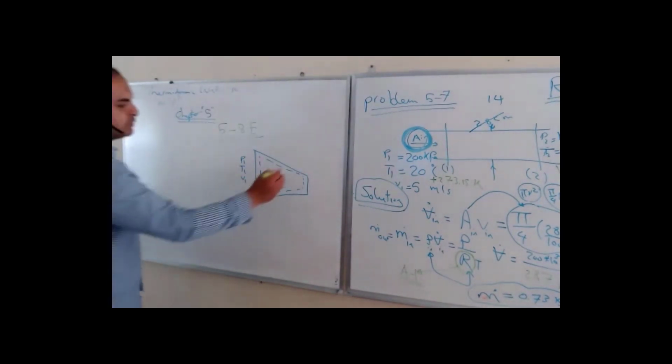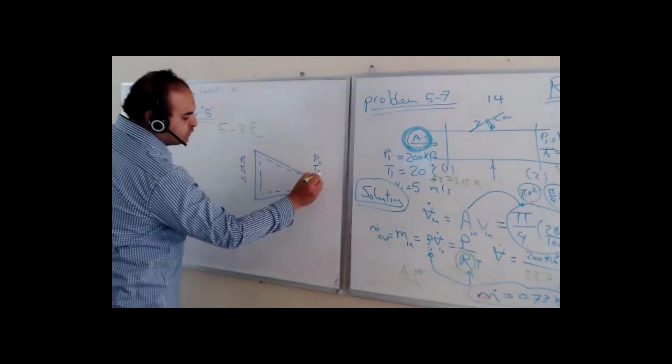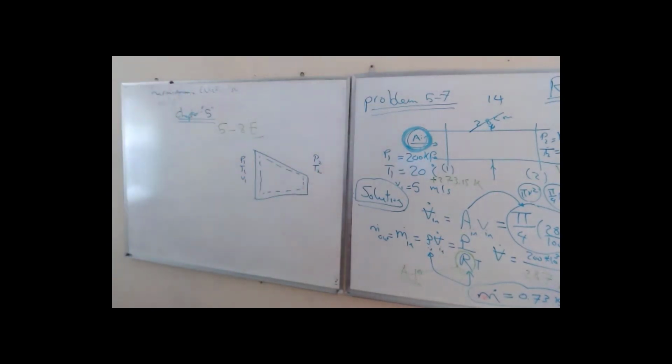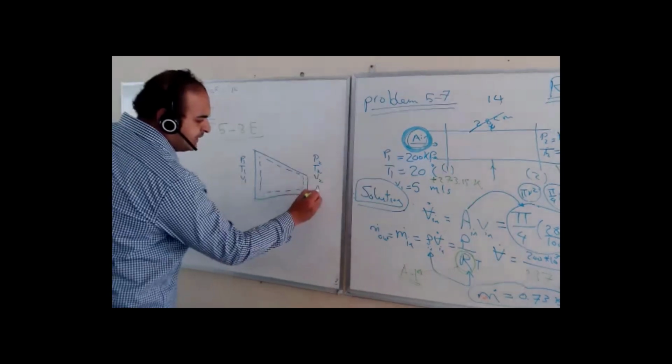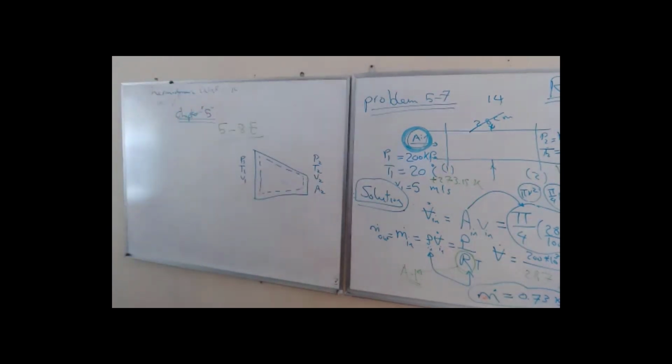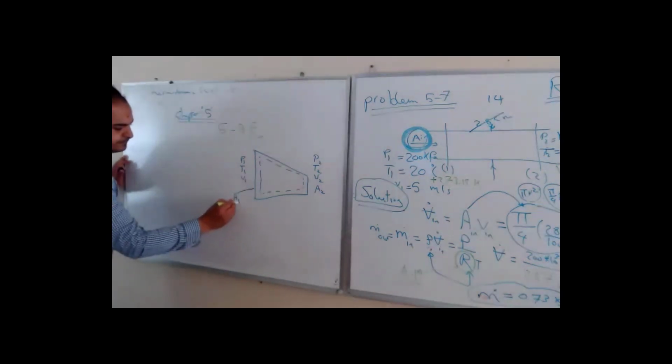I give you P2, T2, area 2, V2, and I want area 1. This is the problem.